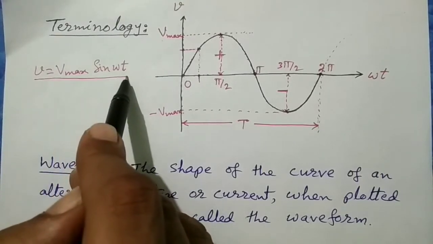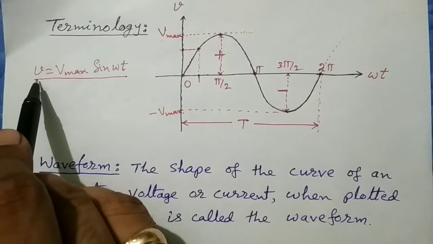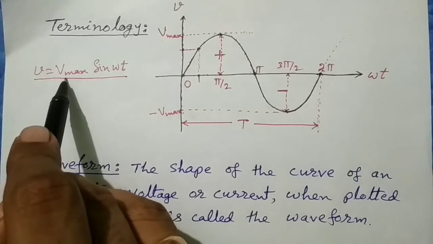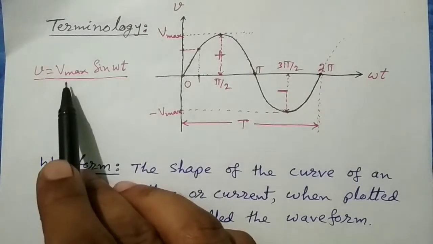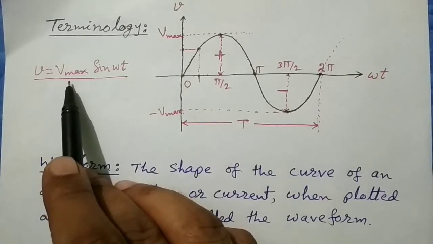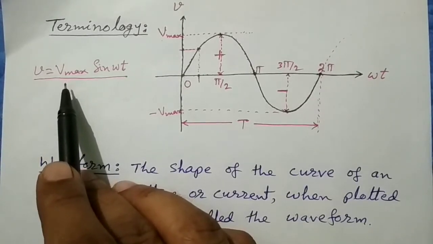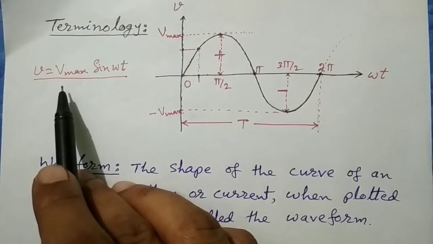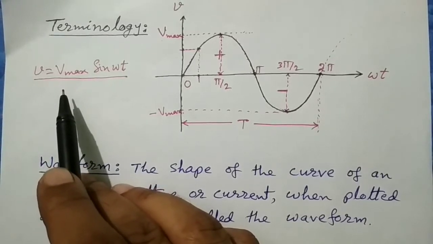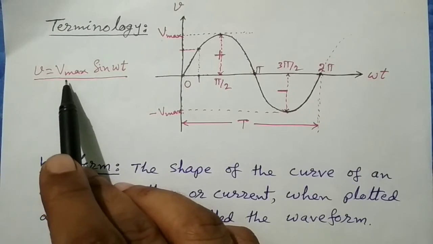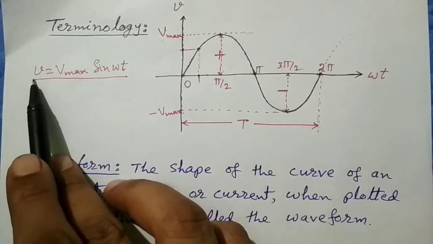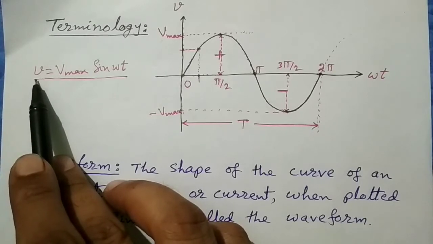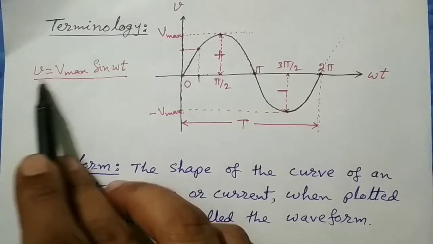The instantaneous voltage cannot be more than this Vmax for this case. So here this Vmax is considered as the amplitude. Remember one thing, for an alternating quantity, either voltage or current, the amplitude will always be constant. But the instantaneous voltage will change because the instantaneous voltage depends upon time.